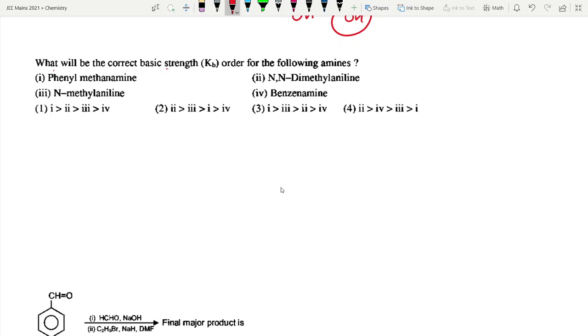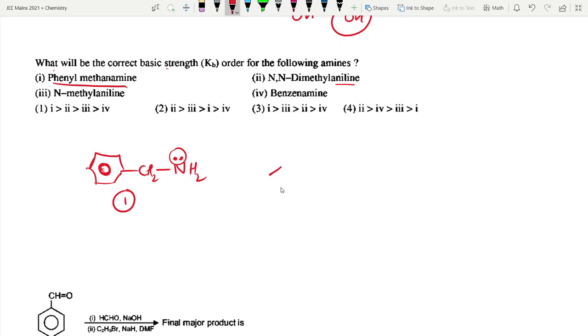What will be the correct basic strength order for the following amines? Phenylmethanamine. Okay, this is the first one. Notice this lone pair is not involved with the benzene ring's aromaticity, so this is free, and this is a very good base, I feel like, because the others I see are aniline.